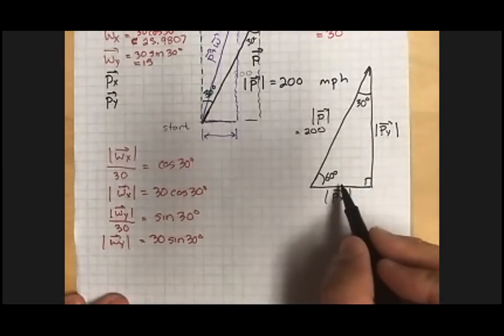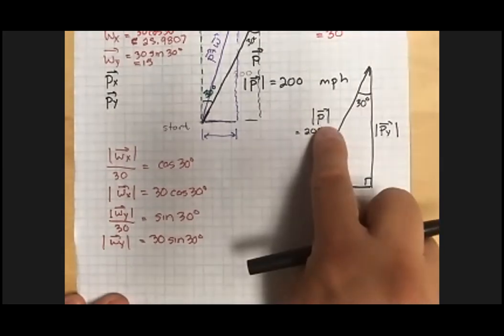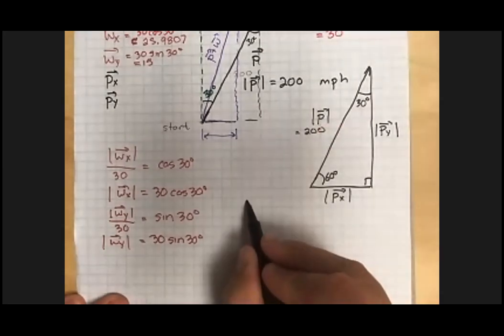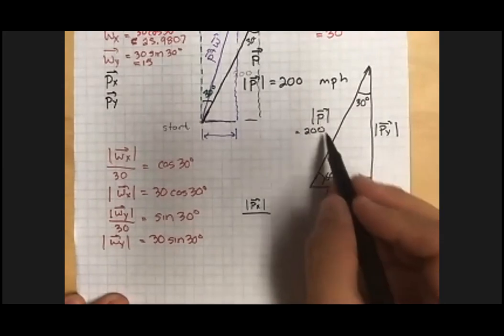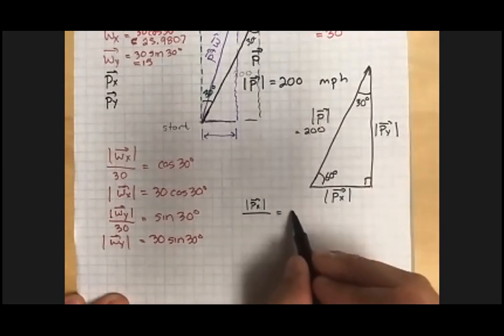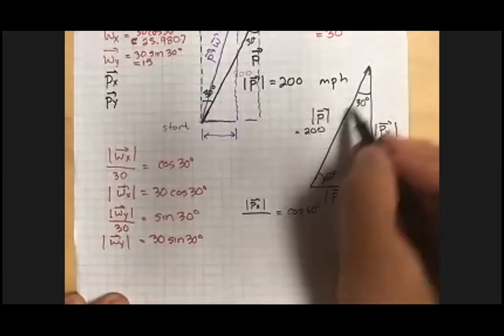Okay, let's look at 60 degrees. PX is adjacent, P magnitude is hypotenuse. So the adjacent side divided by the hypotenuse is cosine of 60. But the hypotenuse length is 200.